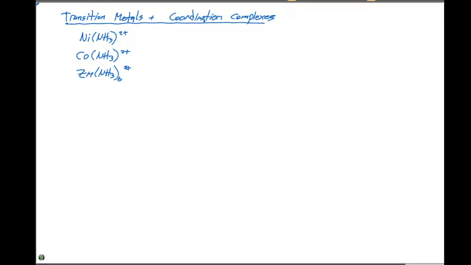Sorry, these have 6 ligands on each one. So we have these complex ions. We've seen them before, and we experienced them in our qualitative analysis scheme. We went over some calculations that discussed these complex ions, and a couple of observations can be made.